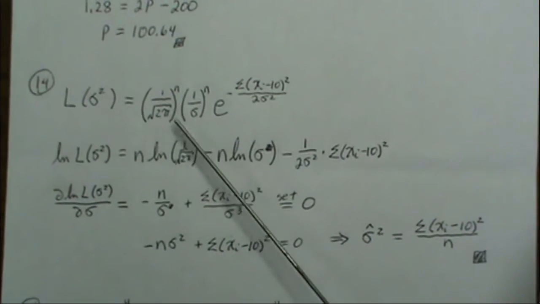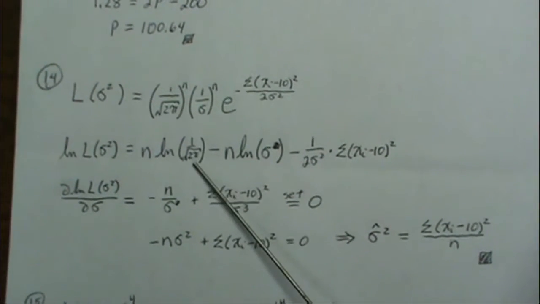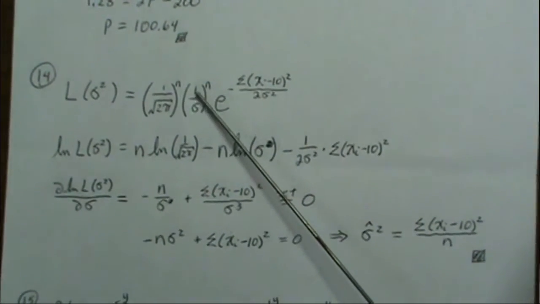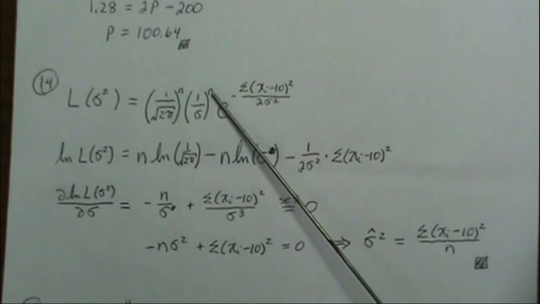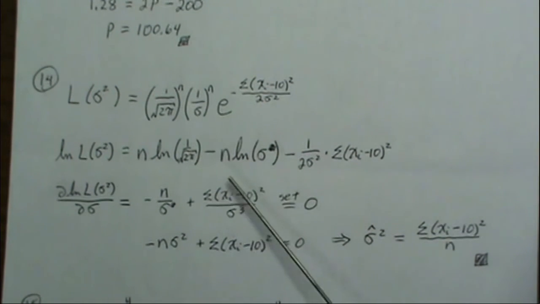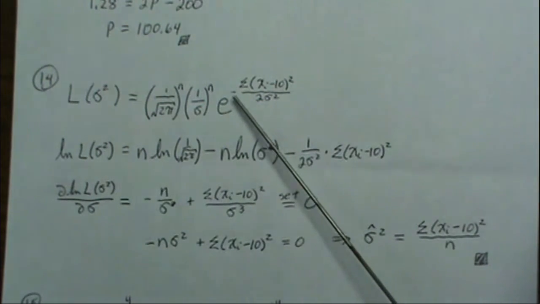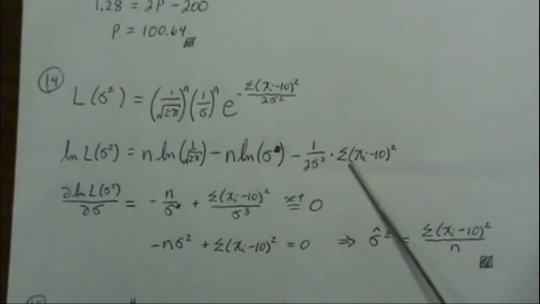So here, when we take the log of this, the n can come out front, and we take the log of that. Now here, if we raise sigma to the top, it's going to be sigma to the -1. The -1 can come out, but when you take the natural log, that minus n goes out front, which is this. And then the natural log cancels with e, just leaving this quantity, which is this.